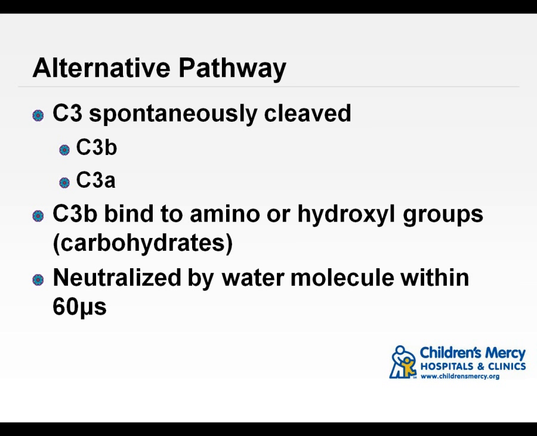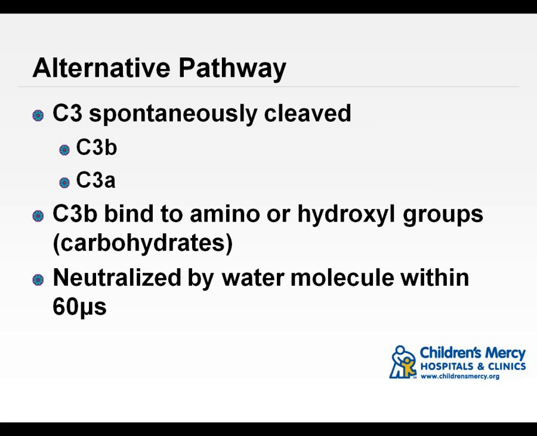Now, carbohydrates are something that are fairly specific to bacteria. So this is one fail-safe the immune system has to not land on your own immune cell and start attacking it. So it's going to preferentially bind to carbohydrates.